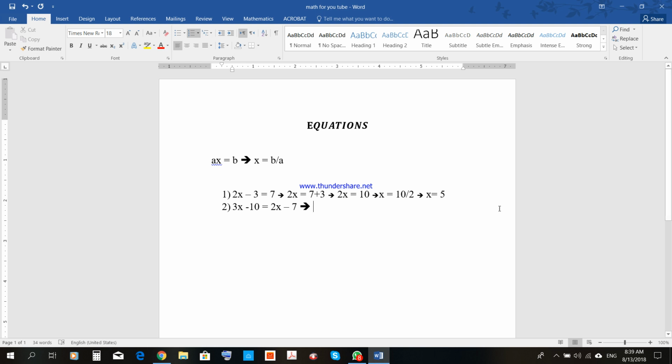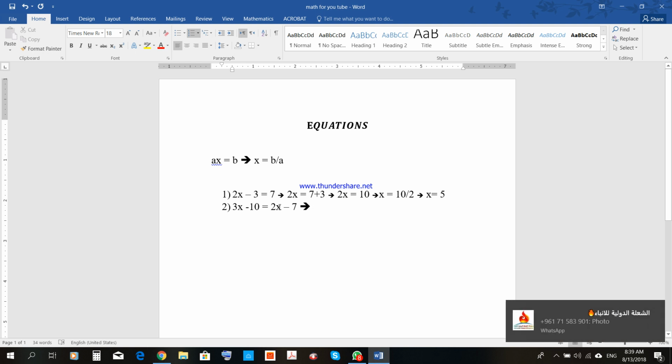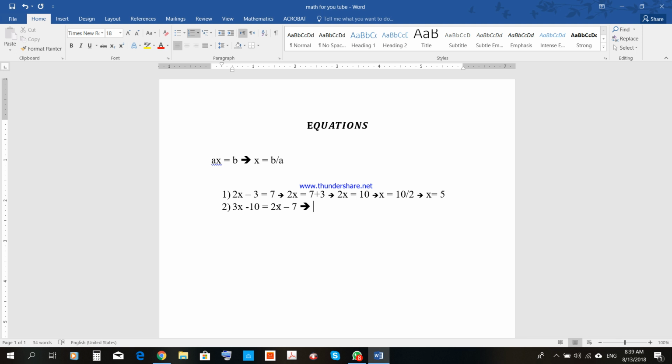But with respect to minus 7, it is at the right. Don't change its sign. Leave it at the right side. With respect to 2x, the unknown, we will take it to the left side of equal, changing its sign.